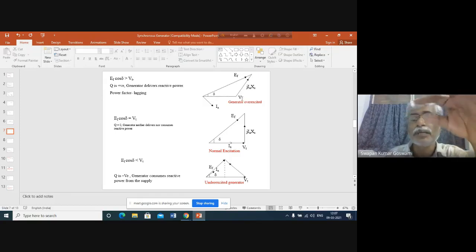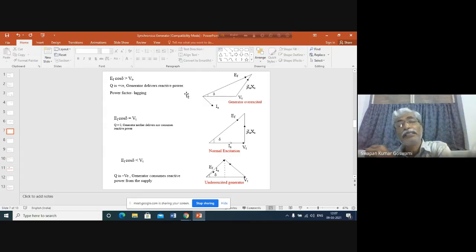So now you see that IA is lagging VT, which means the generator power factor is lagging. When the generator delivers reactive power, its power factor is said to be lagging, because IA is lagging VT.